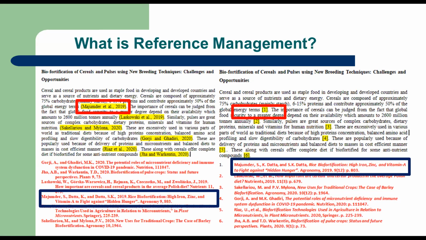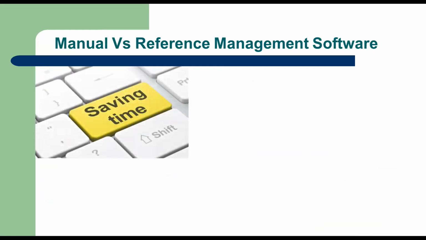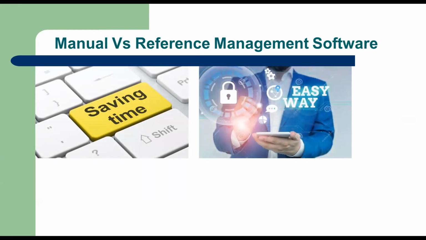If we compare the benefits of reference management software with manual reference management, when you choose reference management software, you are saving your time. Definitely time is money and you are saving it. It is an easy way. You don't have to keep thinking, okay, I have to add a comma, a full stop.